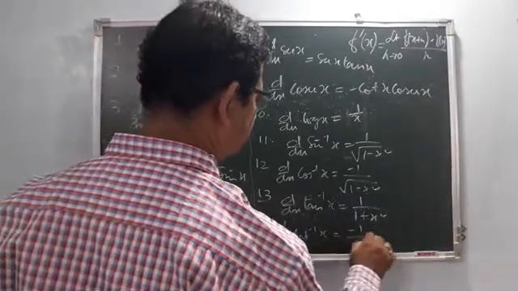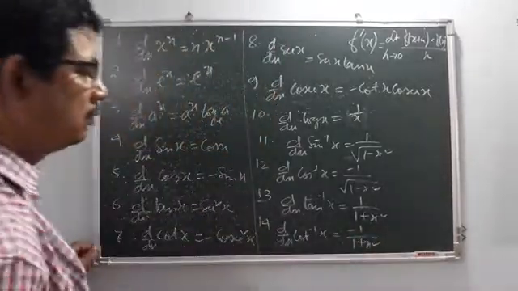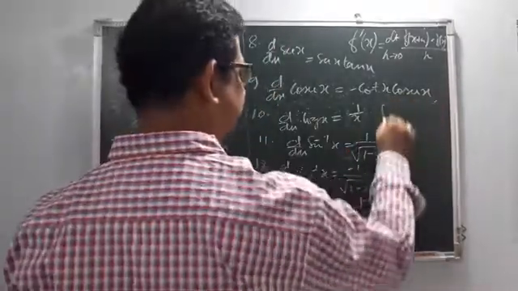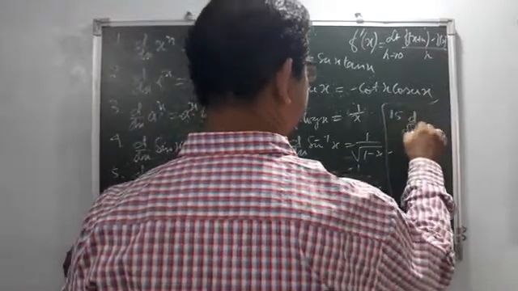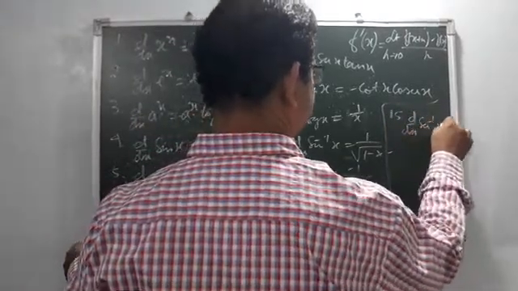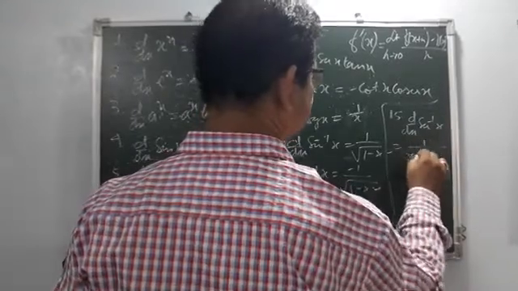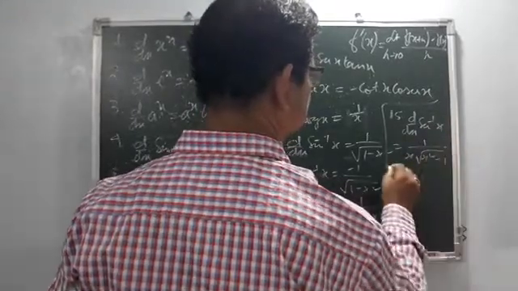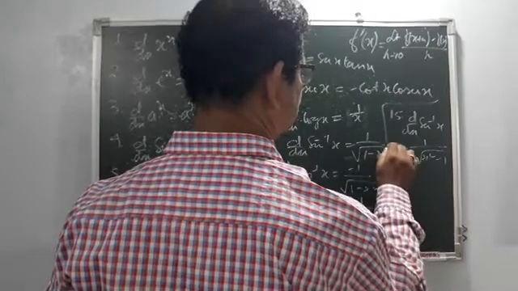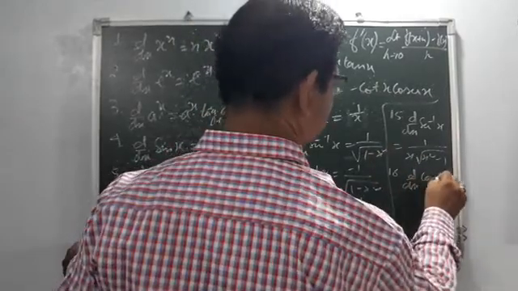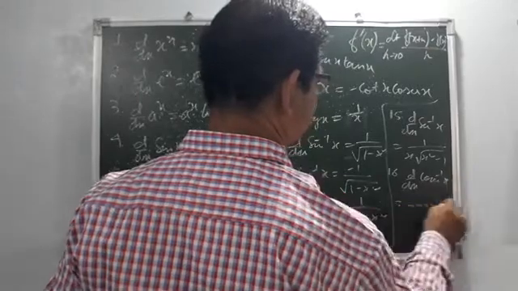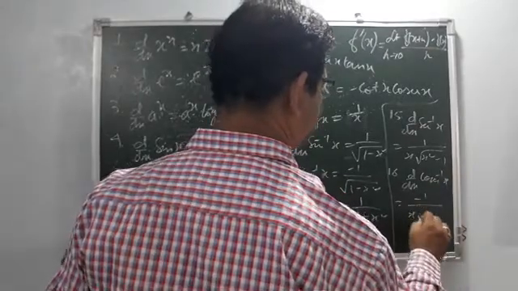Minus 1 by 1 plus x square. d/dx of sec inverse x is 1 by x root over x square minus 1, and d/dx of cosec inverse x is equal to minus 1 by x root over x square minus 1.